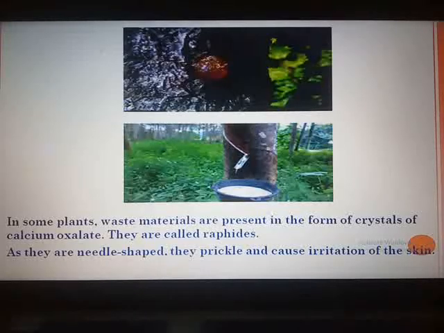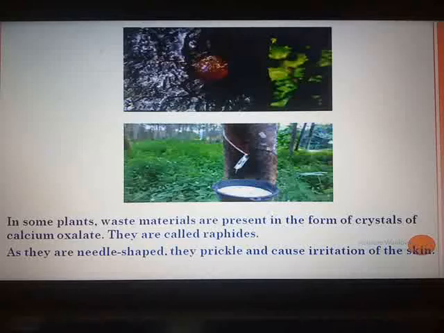Your hands may also begin to itch if you try to cut those leaves. You can say aruchi pana, that is known as arum leaf. When you cut open this part, the waste materials present in the form of crystals prickle and irritate your skin. This is about excretion in plants.